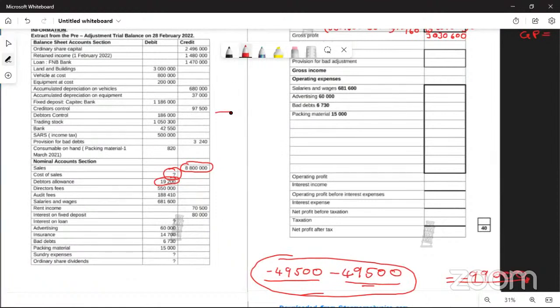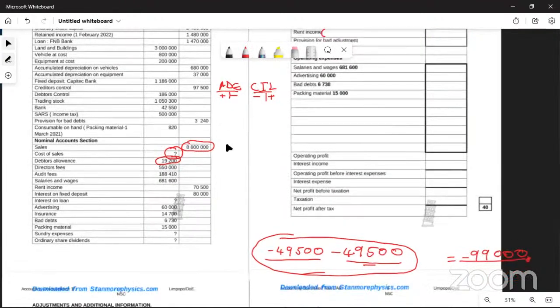Remember, good people, we said when we spoke of the sale, assets, drawings and expenses all increase on the debit side and decrease on the credit side. Capital, income and liabilities increase on the credit side and decrease on the debit side. So that means income has a credit balance.